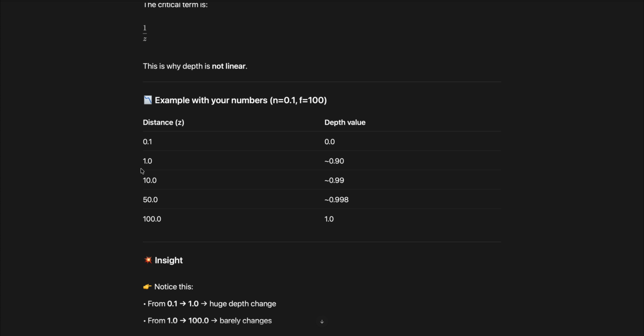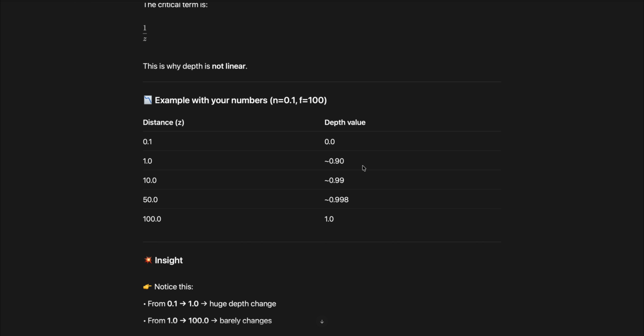But when we're getting closer to the camera, you see just a 0.9 difference from here to here, we get the majority of the depth value's precision as we get closer to the camera, and that makes sense because we're more concerned with what's going on closer to the camera than farther away. So this is why we say it's nonlinear.